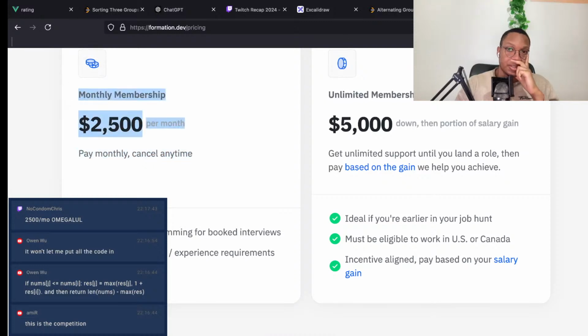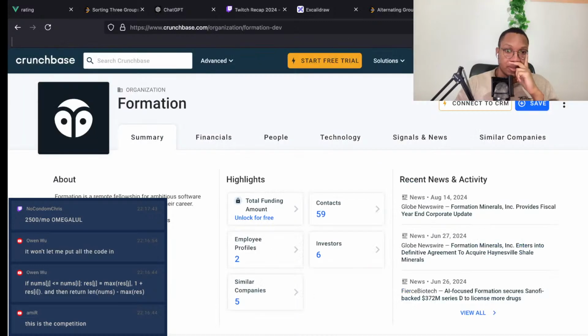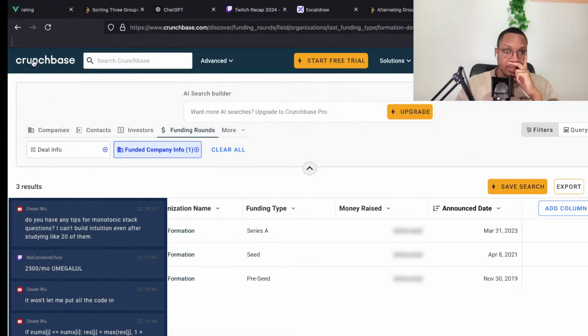And it's because software engineers get paid a ridiculous amount of money, and most software engineers have money. Like this company raised capital, I guess, Series A. I would love to know who invested in them or how much money they got. Dang, it doesn't say. I have to make an account.